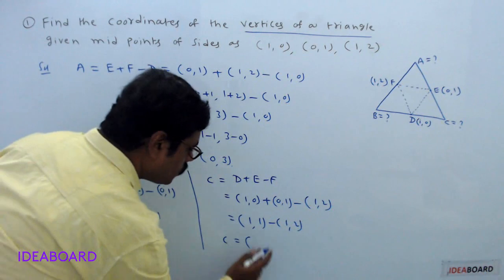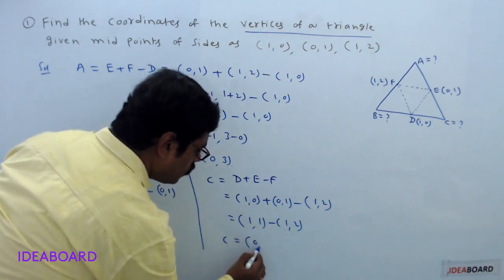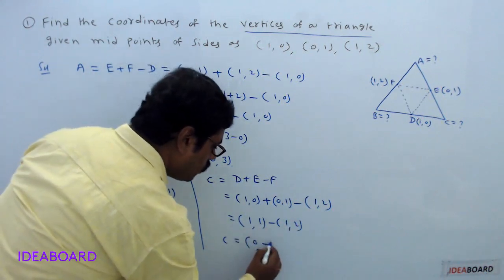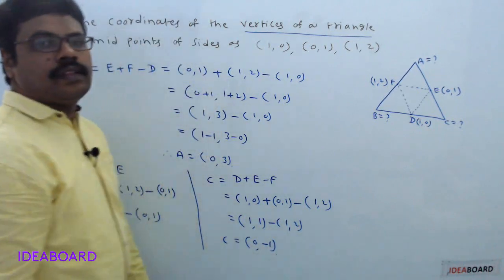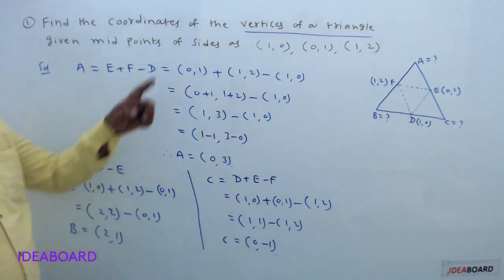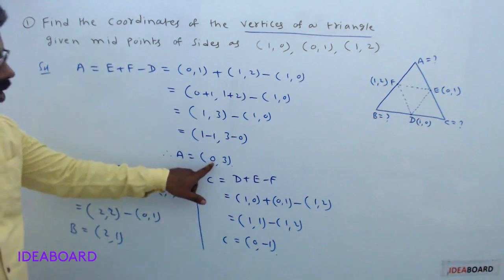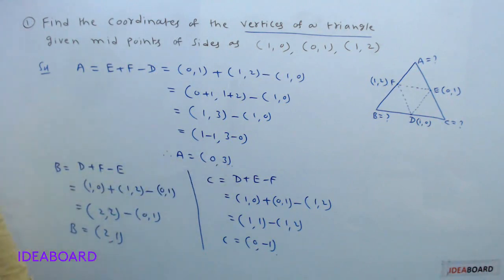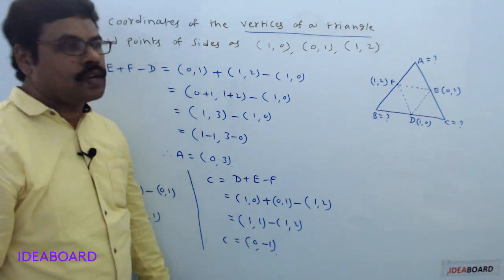Therefore, C equals (1 minus 1, 1 minus 2) which is (0, minus 1). Therefore, coordinates of vertices of the triangle are (0, 3), (2, 1), (0, minus 1).